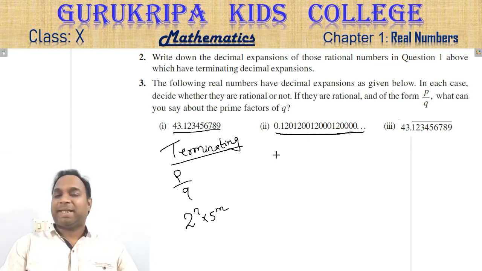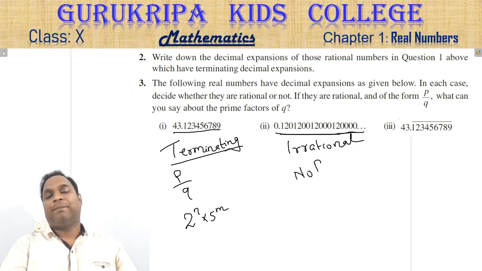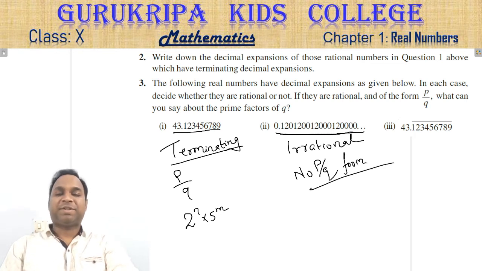Is there any repetition of any set of digits? Can you find a set of digits which is repeating again and again? No, there is no repetition. So this is an irrational number. This has no p by q form. It cannot be expressed in the p by q form. This was the last theorem we had studied.